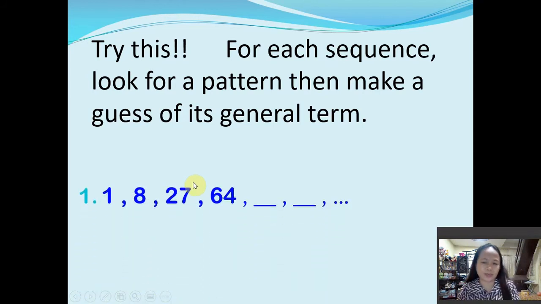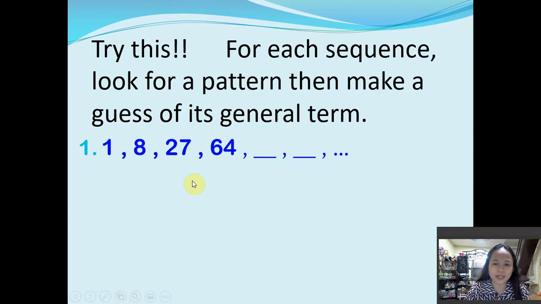For number 1, we have 1, 8, 27, 64. What do you think is the next term after 64, and another term here? Try to look for a certain pattern for this sequence. We have 1, 8, 27, 64.